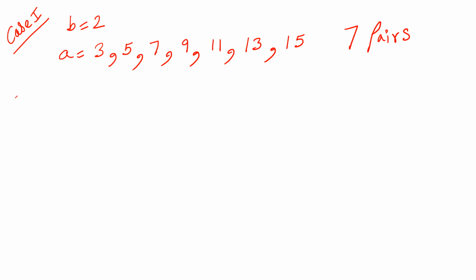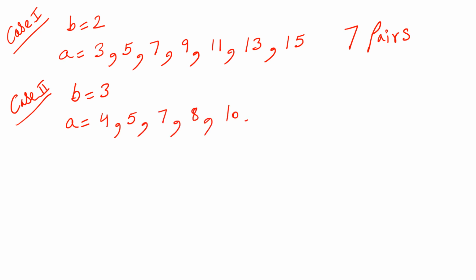Now students, I consider the second case. In the second case, I am taking b equal to 3. Now when b is equal to 3, then the possible values of a are 4, 5, 7, 8, 10, 11, 13, 14 and 16. Now we have got 9 such pairs.